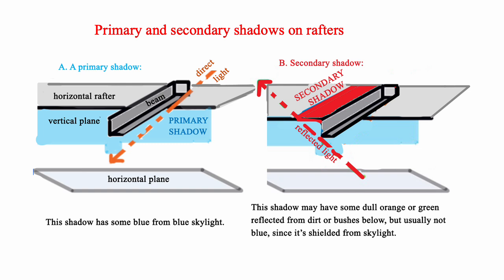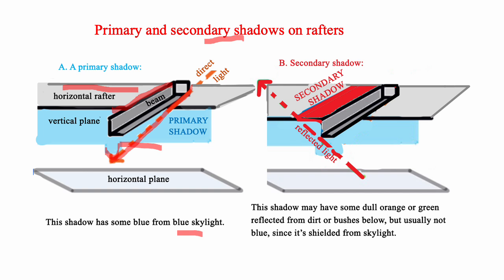If you add color changes to the shadows of the rafters, it makes them more interesting. So imagine this is a horizontal rafter with a horizontal beam underneath and a vertical plane behind it. So the light hits the beam and comes to the back wall and gives us this blue shadow. And it probably does have a little bit of blue from the blue skylight.